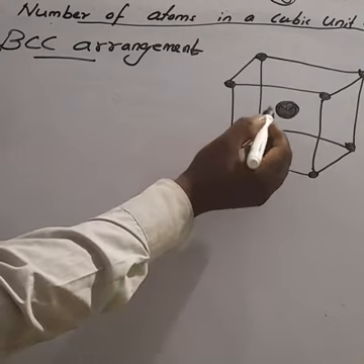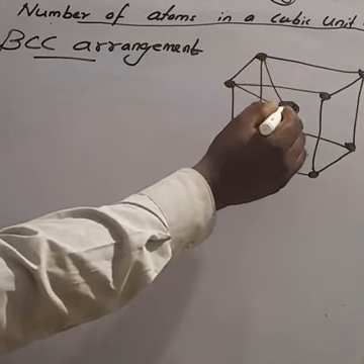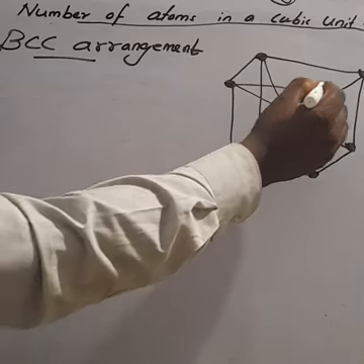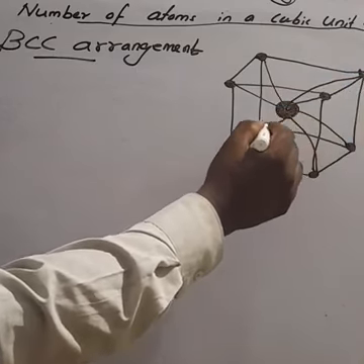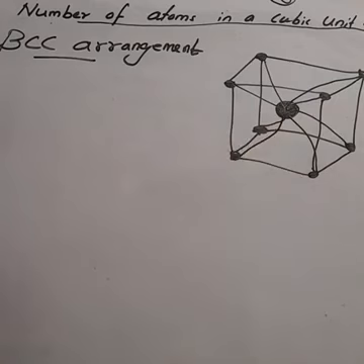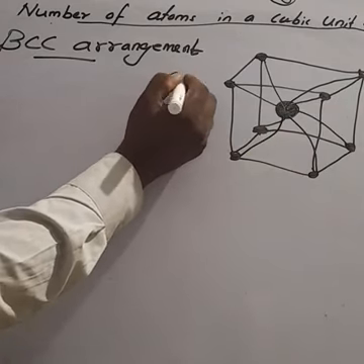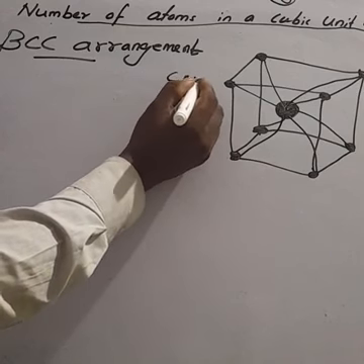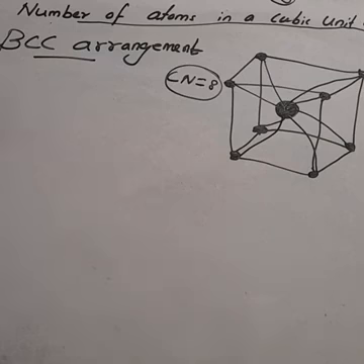This is connected with how many atoms? 1, 2, 3, 4, 5, 6, 7, 8. So what is the coordination number, my dear children? The coordination number is equal to 8 for body-centered. What about the simple cubic coordination number? 6. Don't forget that one-word question.